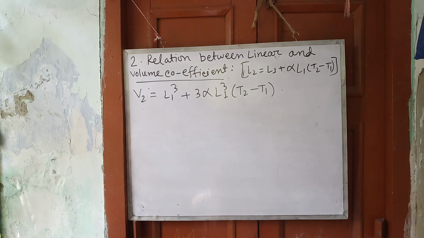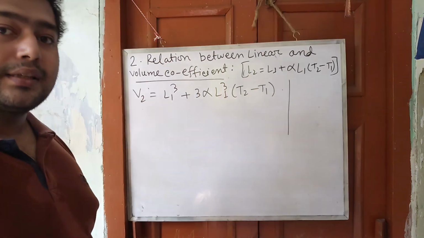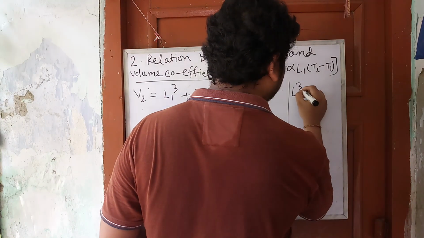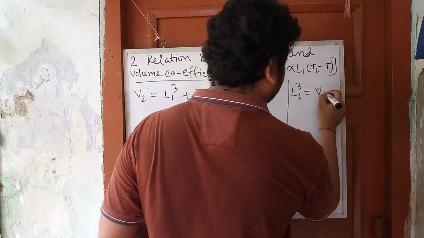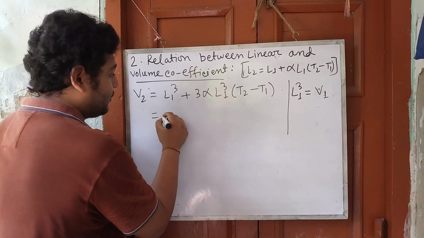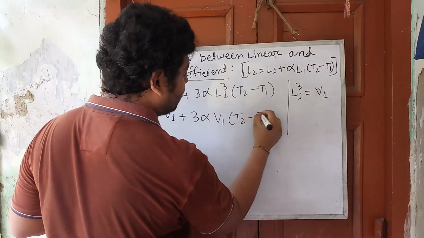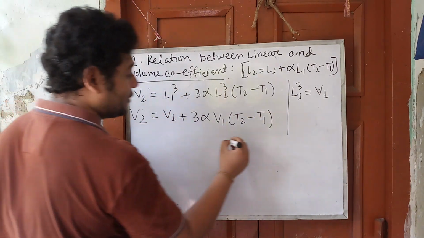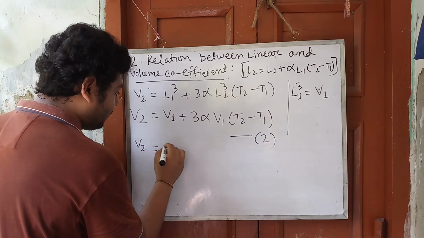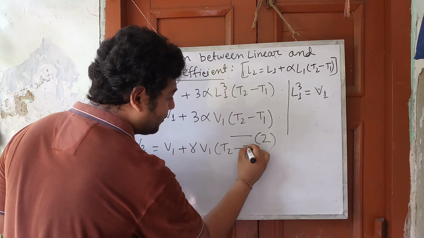Again we know that volume is the multiplication of three lengths. So we can write L1 cube equal to V1. So we get V1 plus thrice alpha V1 (T2 minus T1). So this is our V2, this is our equation number 2, and our equation number 1 is V1 plus gamma V1 (T2 minus T1).